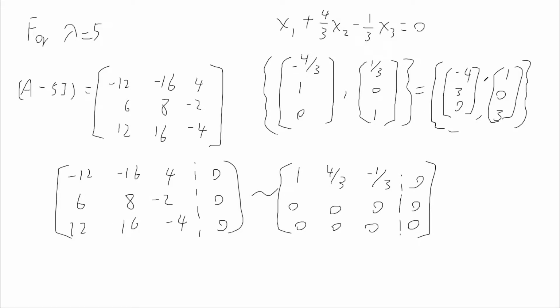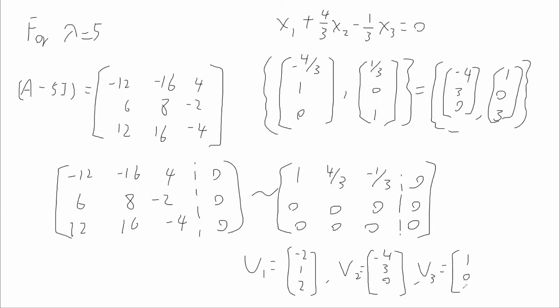So we actually get two linearly independent eigenvectors, and combining with our first one, we have v1 from earlier, (-2, 1, 2), then v2, (-4, 3, 0), and v3, (1, 0, 3).